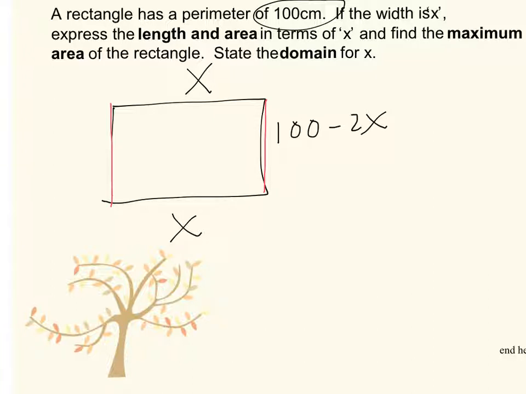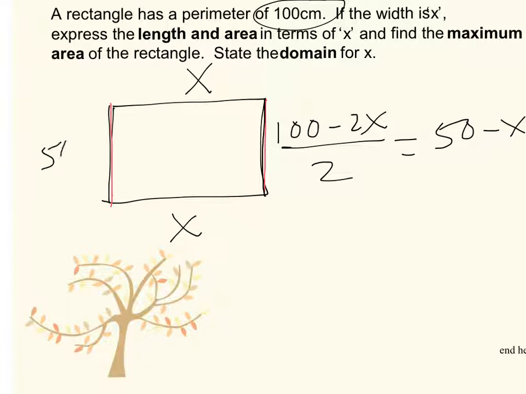So whatever is left over after I pick the width, that needs to be cut in half because I need to use it for this side and the other side. Okay, now I can simplify this a little bit, and I can make it 50 minus x, and then over here, it would be 50 minus x as well. Okay?